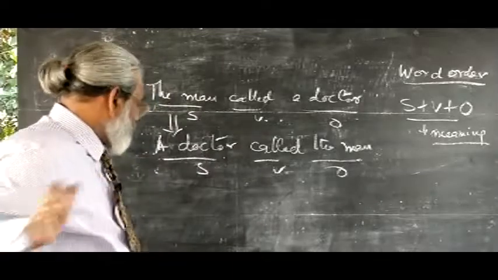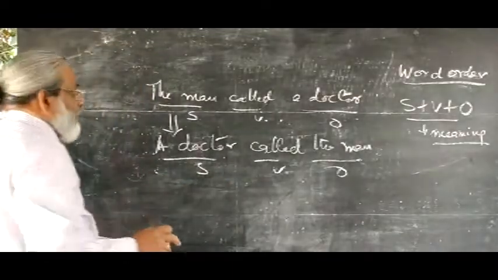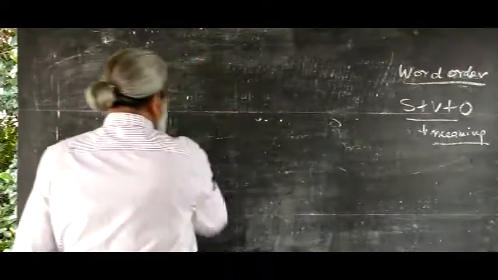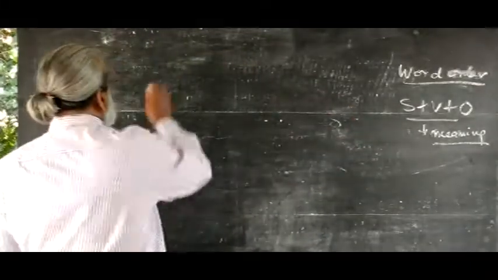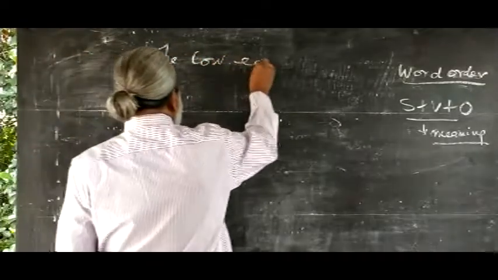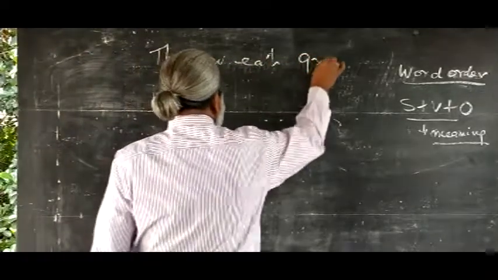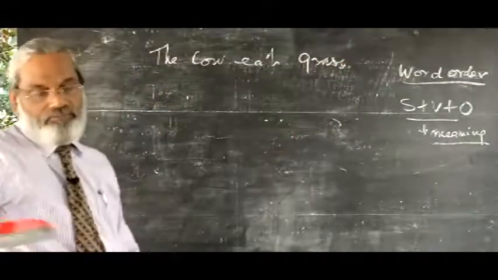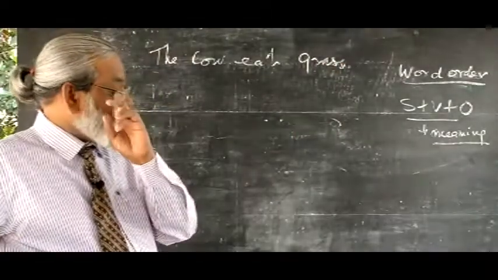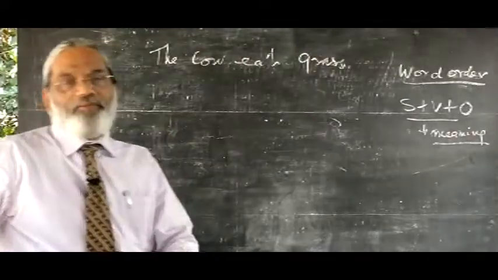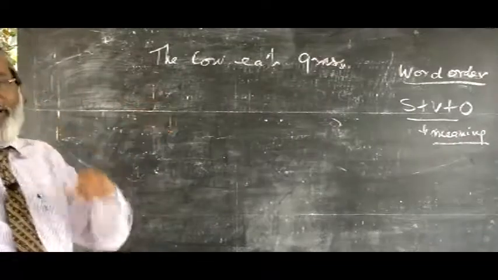The famous example I took earlier in the class module: the cow eats grass. It is given by a writer called Palmer in grammar, a very basic fundamental study. It is written, cow eats grass.